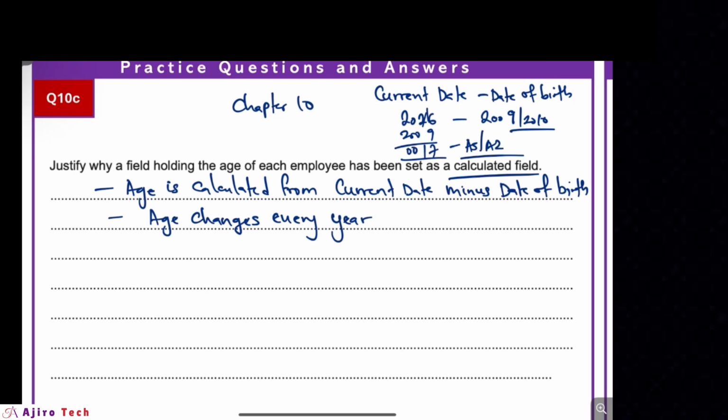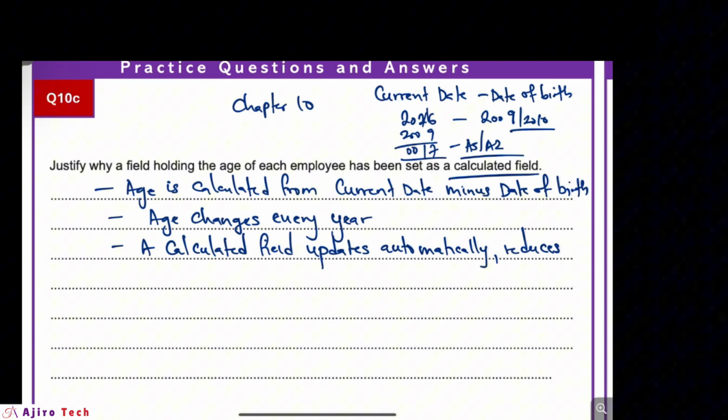That's why it has to be a calculated field. And a calculated field updates automatically and reduces human error.